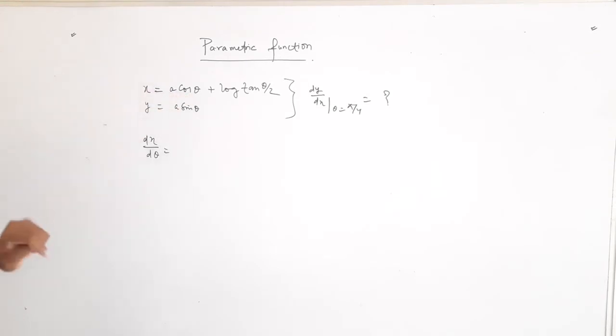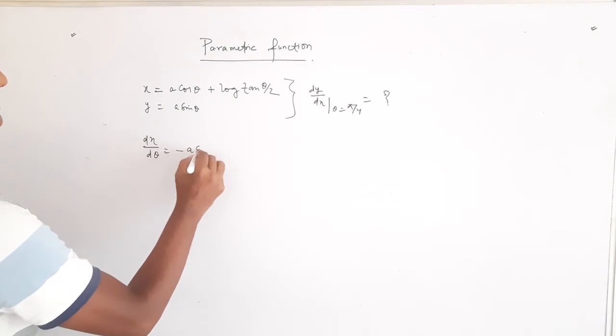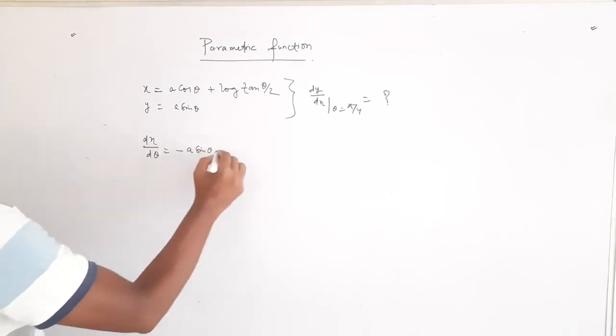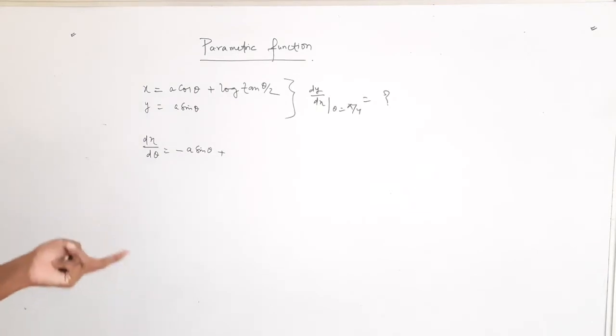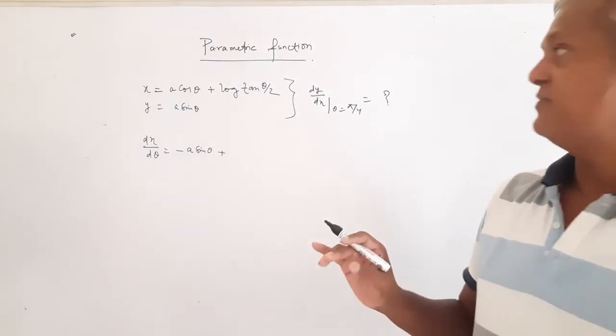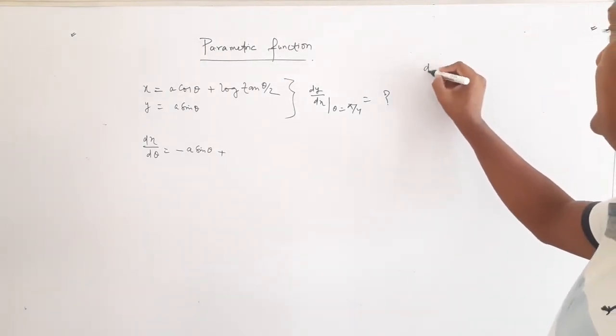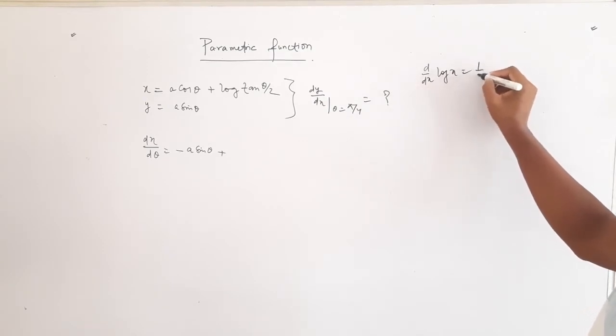Now a cos theta, what is the differentiation of cos theta? That is minus sine theta. So minus a sine theta plus, this is the method of substitution, but I have told you that you can apply the method of substitution in a very easy way. For example, you know that d by dx of log x is 1 by x.